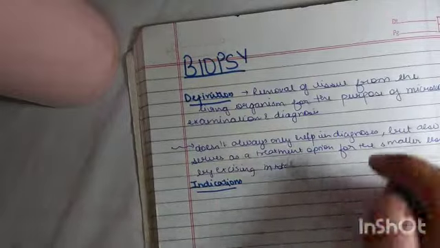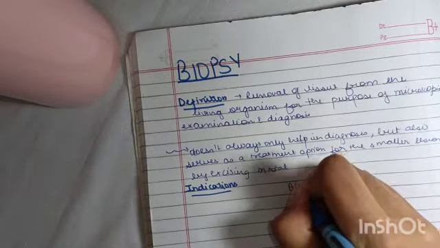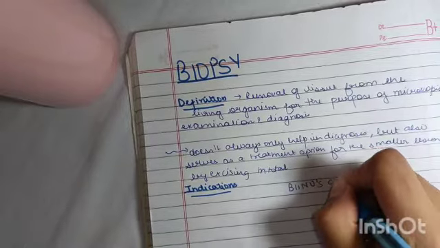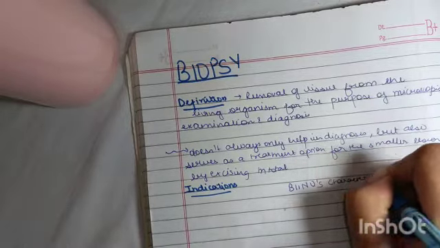To remember the indications of biopsy, I want you to remember a girl named Binu with two eyes and her character. All right, so I just want you to remember this.